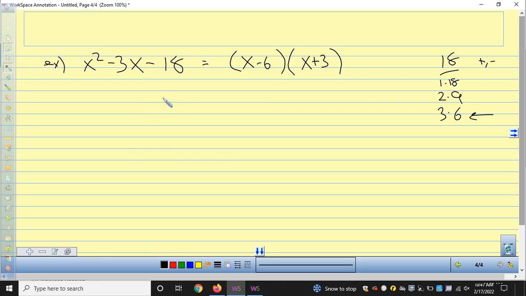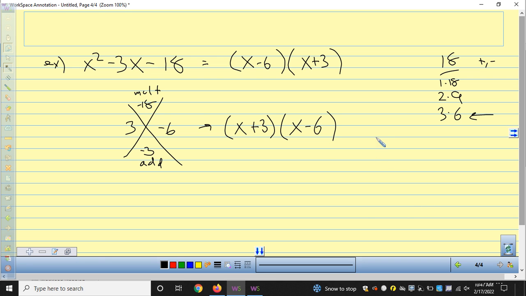All right, so the cross helps us keep this organized. We want our numbers to multiply to negative 18 and add to negative 3. That's when we go to our list of factors and figure out this has to be negative 6 and positive 3. 3 times negative 6 is negative 18. 3 minus 6 is negative 3. So we can set up our parentheses there.